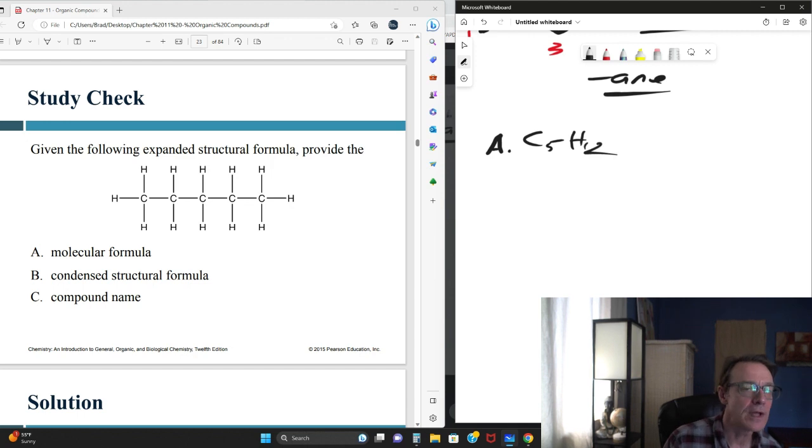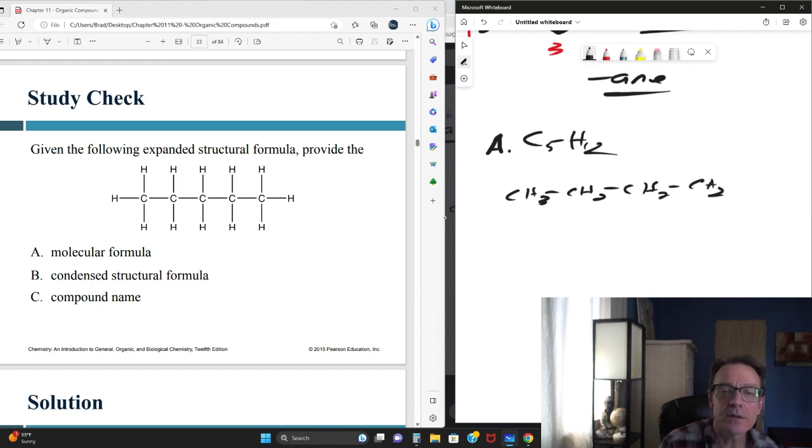C5H12. Molecular formula, C5H12. The condensed structural formula: CH3, CH2, CH2, CH2, 1, 2, 3, 4, to CH3. Condensed structural formula and the compound name.